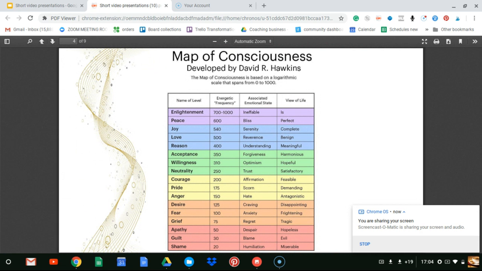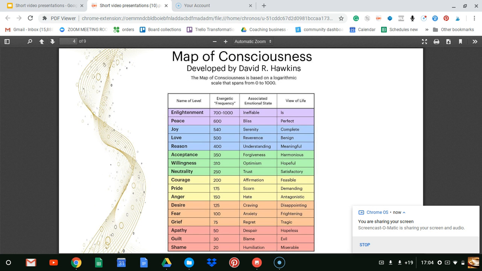What's really cool about this is that he was able to calibrate, through a muscle testing method, people, different events too, and different scriptures, at different levels of consciousness between 0 and 1,000.